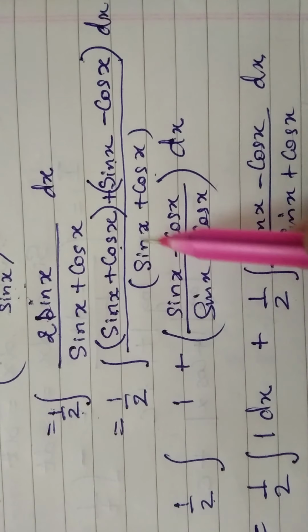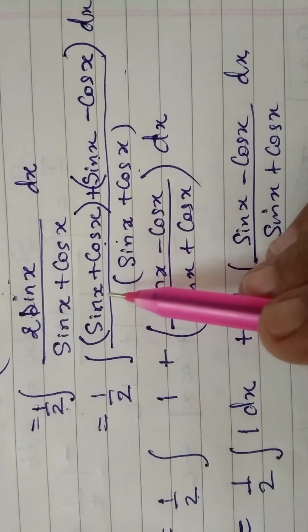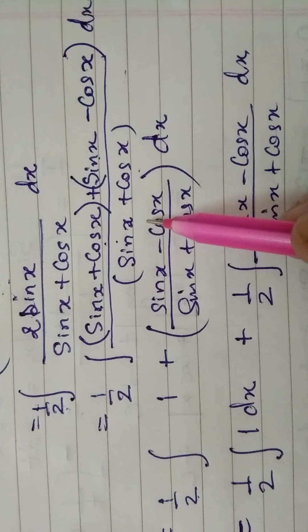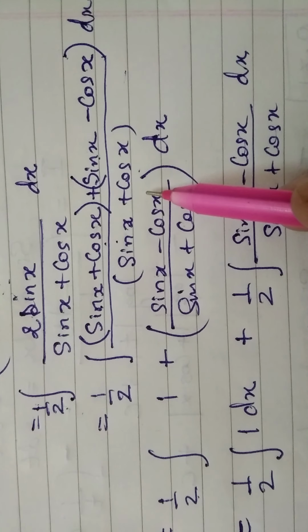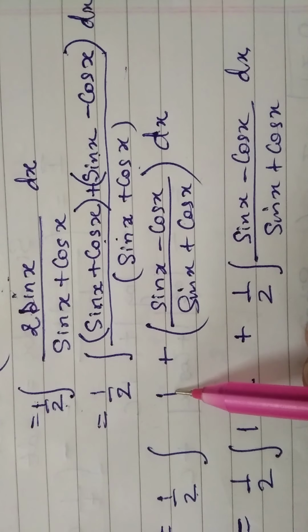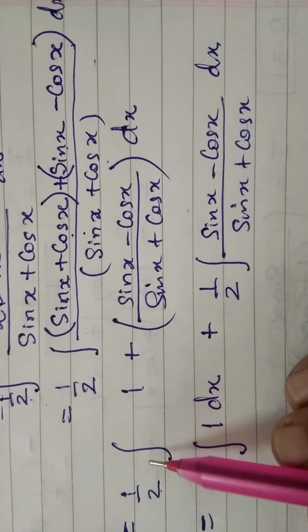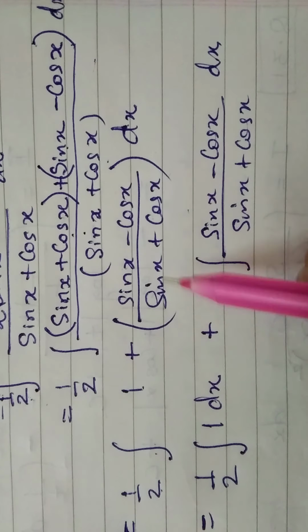So what did I do over here? I added and subtracted cos x, and then I separated my denominator, the first bracket upon denominator plus second bracket upon denominator. Sine plus cos and sine plus cos got cancelled and gave me 1, and sine minus cos upon sine plus cos. I separated my integral sign for both of them.